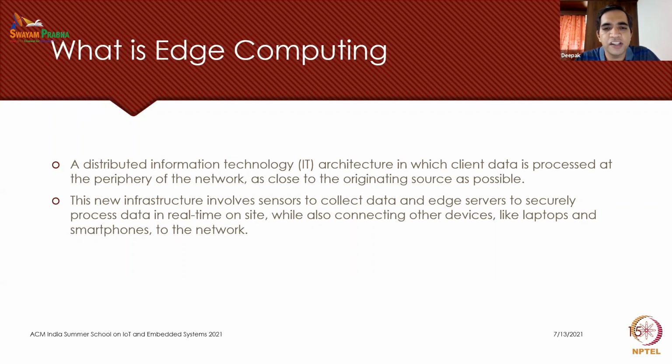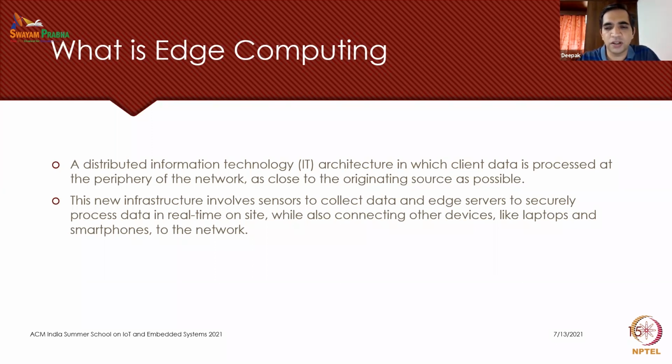And you have several such nodes, and these nodes are going to be much closer to the end device rather than how the current cloud is situated. So by definition, this is a distributed information technology architecture, where the client data, that is the data generated by the end device, is processed at the periphery of the network.